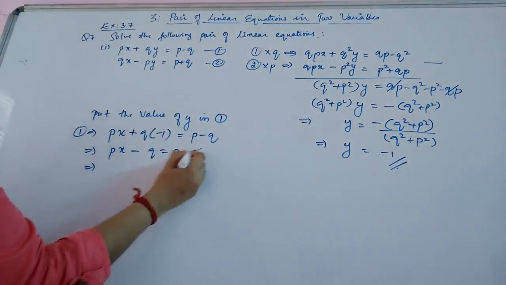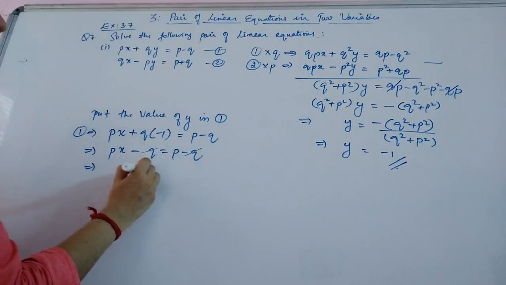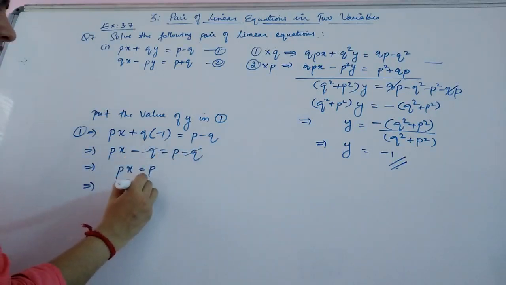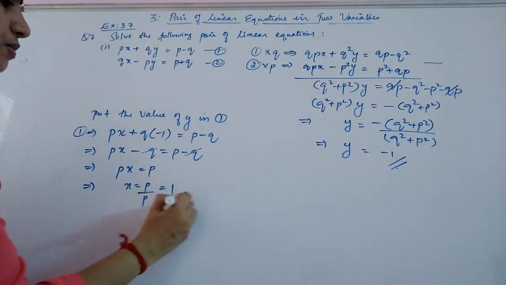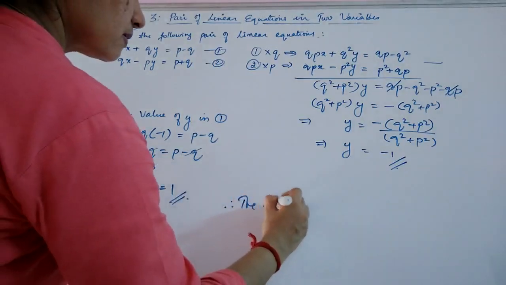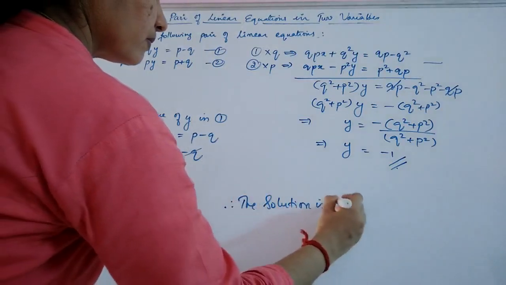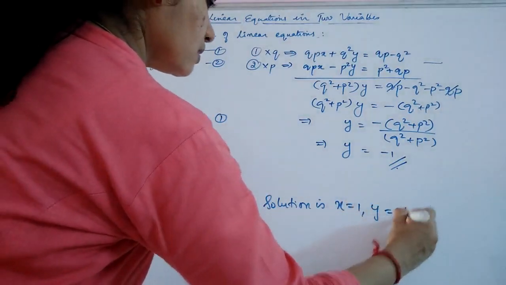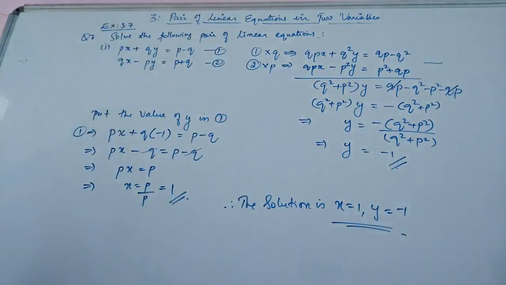So here you have minus q, which is cancelled, and you get px is equal to p. That means x is equal to p divided by p, equal to 1. Therefore, the solution is x equal to 1 and y is equal to minus 1. Okay.